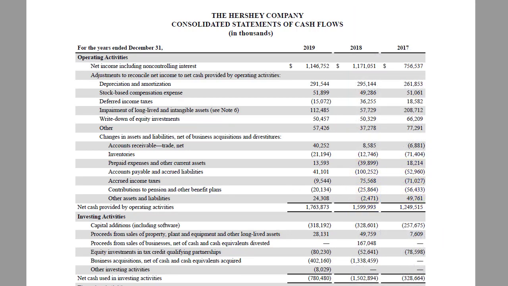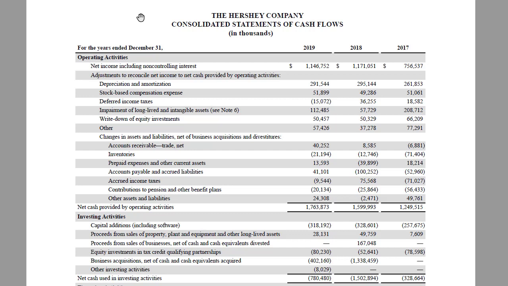Just like the balance sheet and the income statement, we have the company's name up top and the name of the statement. Like the balance sheet was a point in time, the income statement was a period of time, and the cash flow statement is also a period of time. The best way to think about the cash flow statement is really tying the balance sheet and the income statement together.